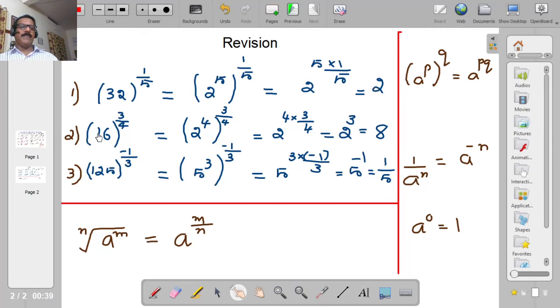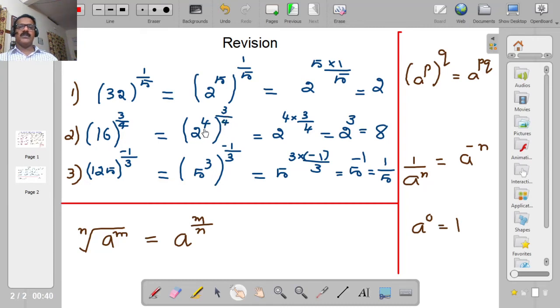Next is 16 raised to 3 upon 4. We know that 16 is equal to 2 raised to 4. Therefore 16 raised to 3 upon 4 is equal to 2 raised to 4 the whole raised to 3 upon 4. This is of the form a raised to p the whole raised to q. A is equal to 2, p is equal to 4 and q is equal to 3 upon 4.